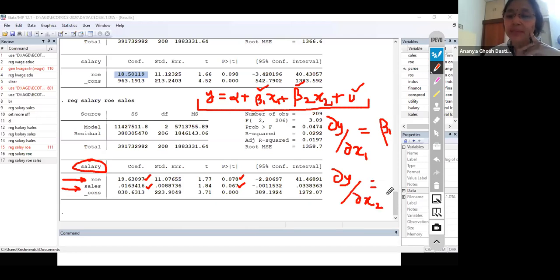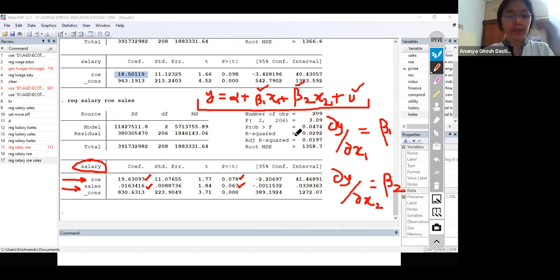What does that mean? It means ceteris paribus. Ceteris paribus literally means holding other things constant. That is the most important thing I want you to remember when you are interpreting a result from a multiple regression model of the kind that we have just estimated. So in this model, I will say that holding sales constant, if ROE increases by 1 percentage point, the CEO's salary will increase by $19.6 thousand.